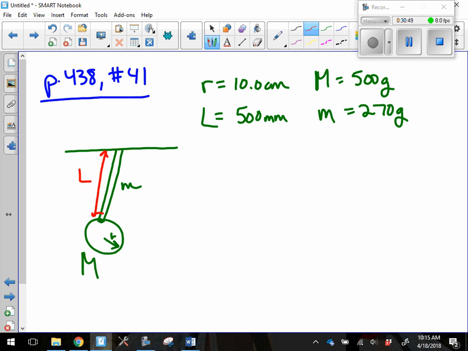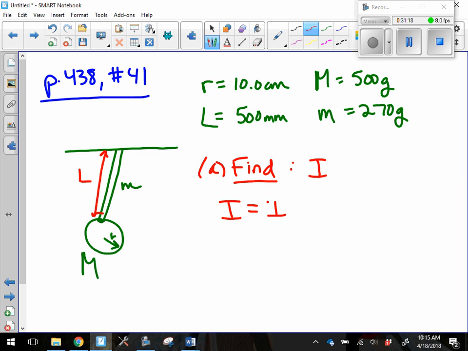And part A says find what? What are we finding in part A? We're finding the rotational inertia of the whole system. And so I really have two separate parts here, my rod and my disc.